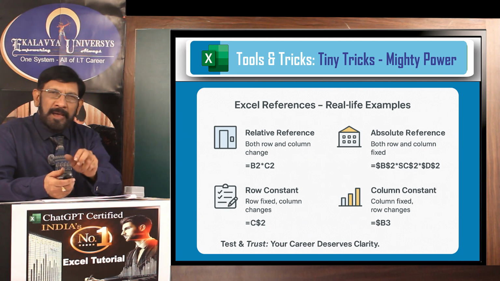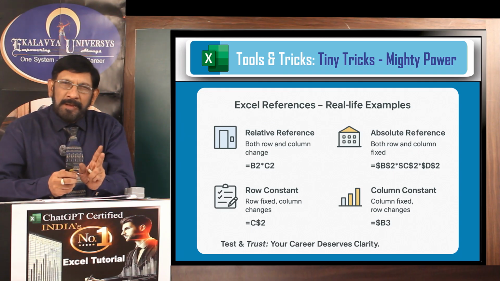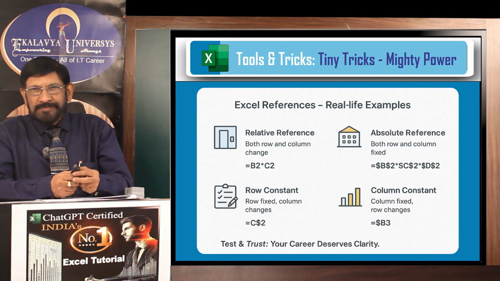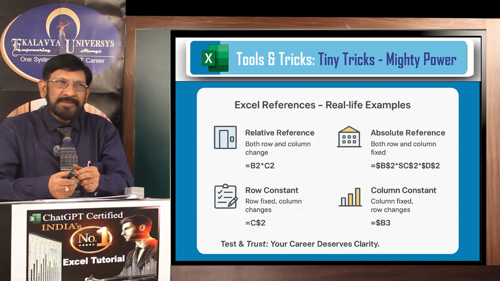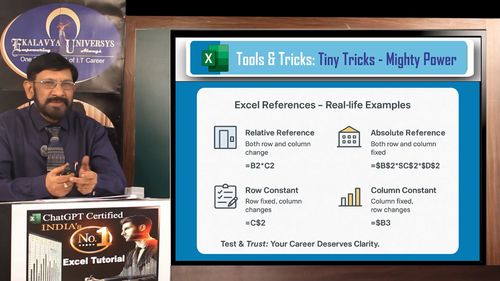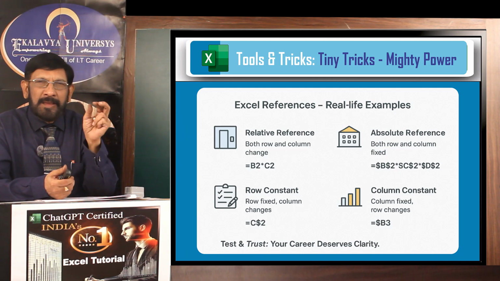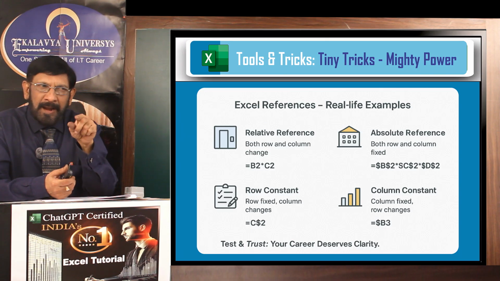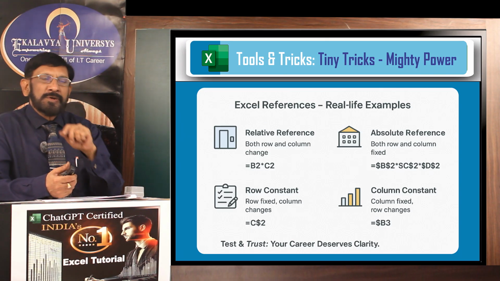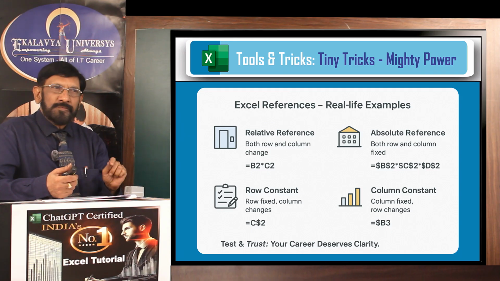You see there are 4 icons. The first one, both are relative references. In the second one, both are absolute references, means it is a constant. In the third one, column is relative and row is locked. How do we write it? C$2.